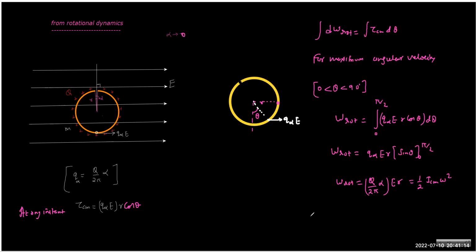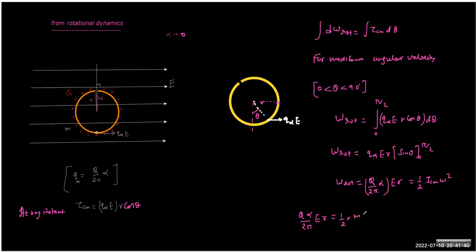We could have also written tau equals I alpha, and from there also we would have got the answer, but that's fine. So we got the work done and we can equate it with half I CM omega square. We can write alpha as omega d omega by d theta. Correct. You can get from that to there. I just wrote this unnecessarily, but because I wrote it, I will solve like this.